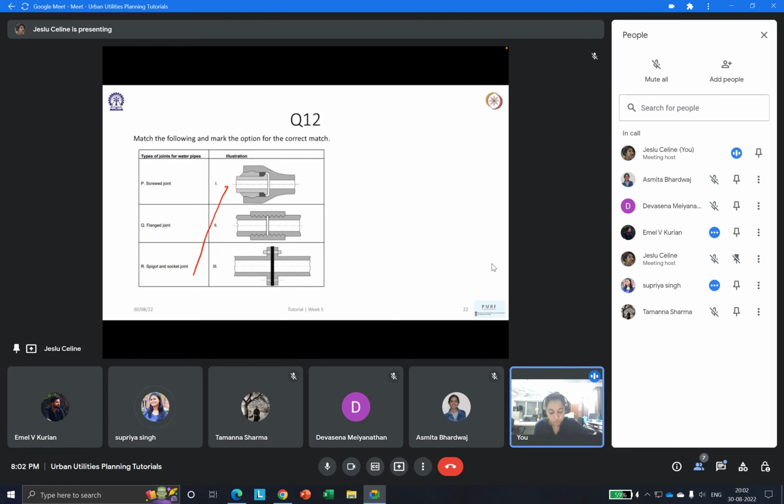Here, screw and flanged, I think there was a difference in opinion, right? Once more, P is 1, 2, or 3? P is 3 according to me. So ML says 2. No, sorry, P is 2, flanged joint is 3.